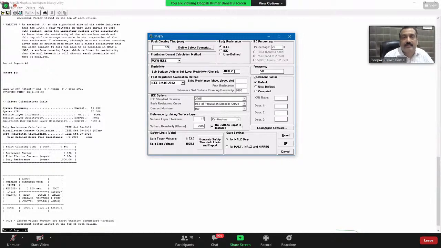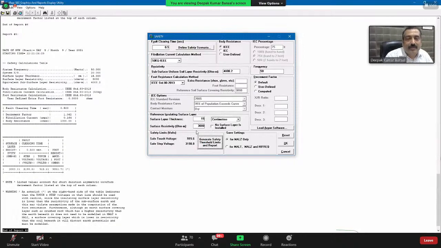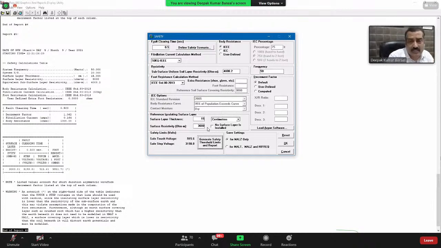There we have 4,000. Basically, what is happening? We have provided 3,000 ohm meter resistivity of surface gravel on the substation, and our soil resistivity is already 4,000 ohm meter, so it is very high.